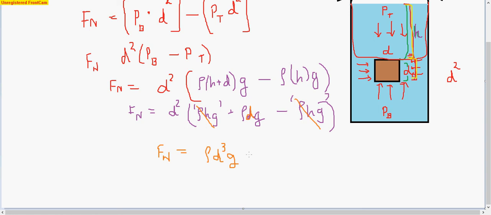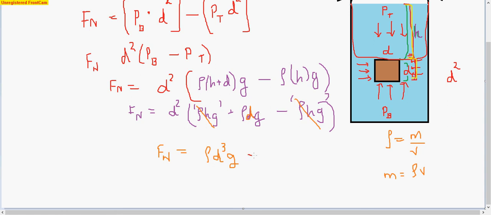Now what is this rho d cube? D cube, you know, it's the volume, right? D cube is equal to volume. So rho is equal to density, and you have this equation, rho is equal to mass by volume. So you get m is equal to rho v, right? So this is d cube, that is v.